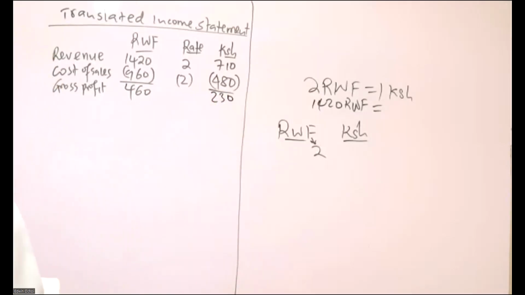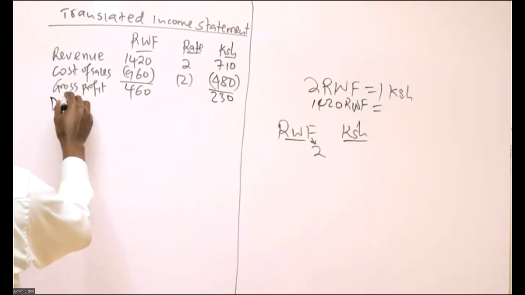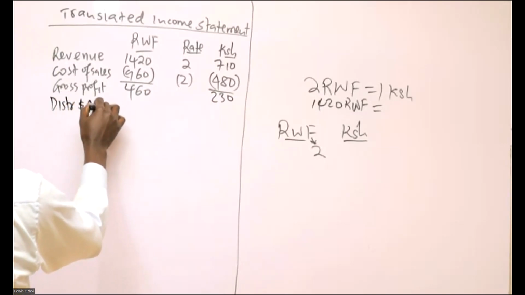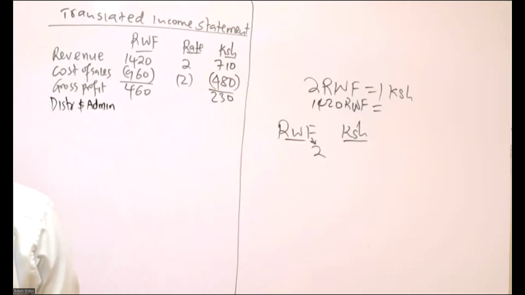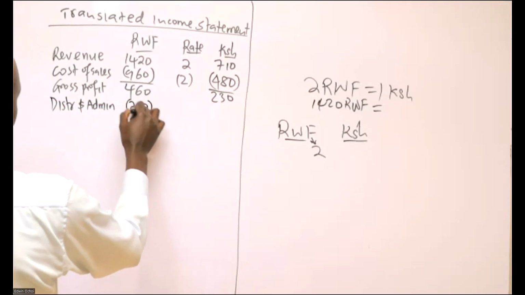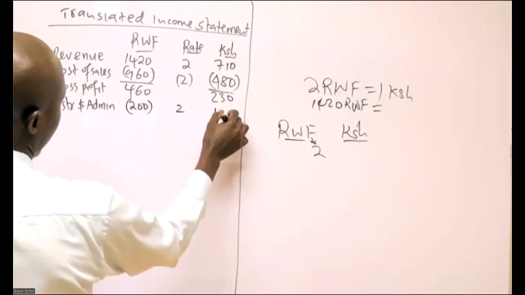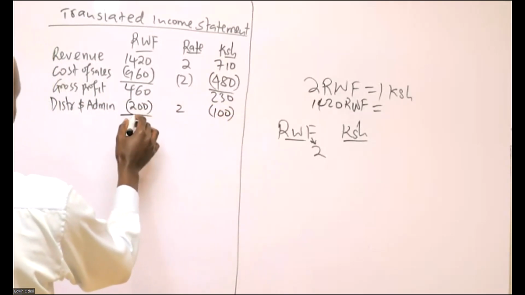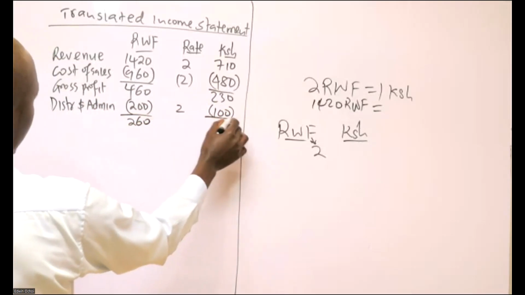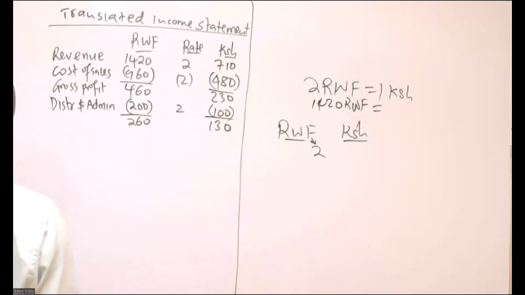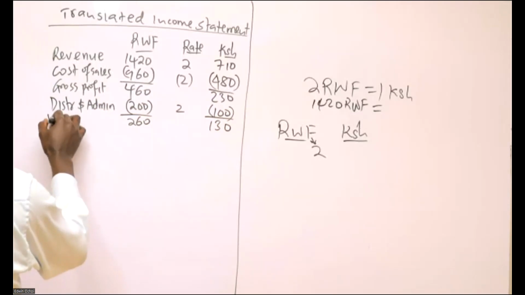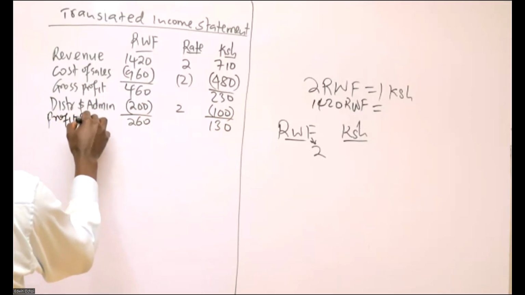Another item to be translated is distribution and admin, which is 200. Divide by 2, we have 100. So this is 260, this is 130. This is profit from operations.